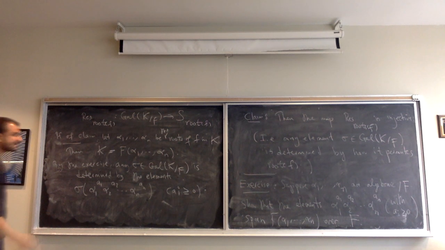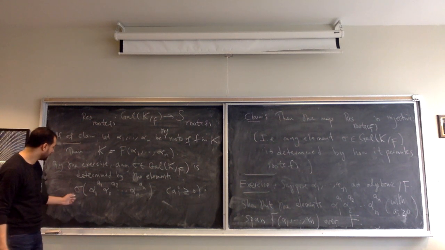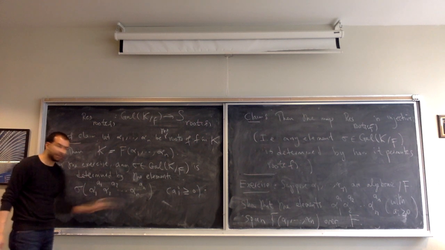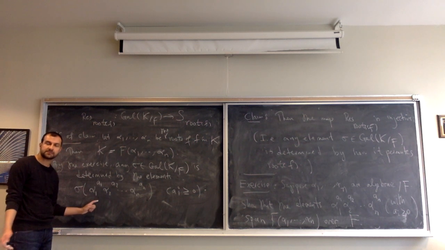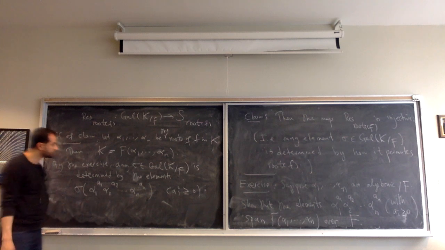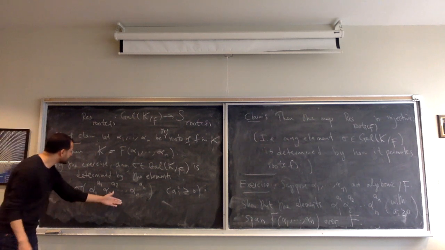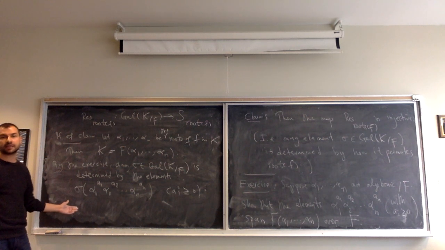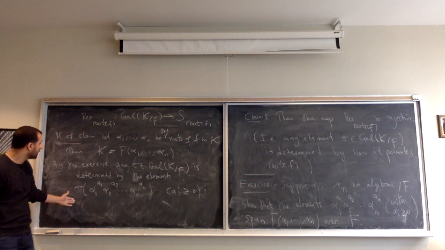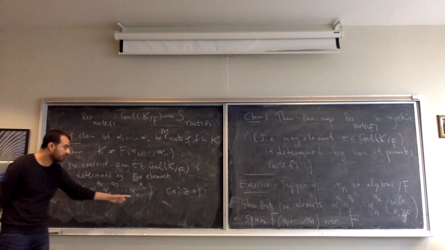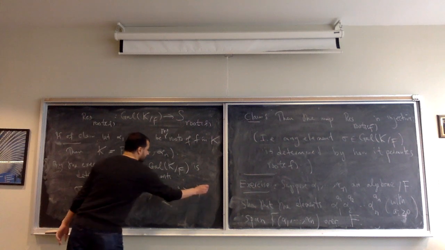So sigma, because it's F linear, it's determined by where it sends these elements, because these elements span K over F. And then these elements, because sigma is a ring homomorphism, in turn are determined by sigma of alpha 1 to sigma of alpha n.